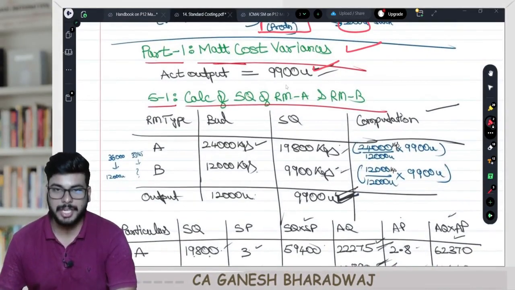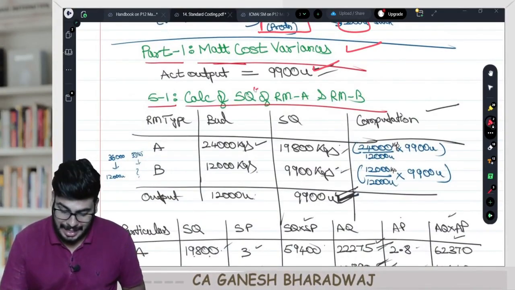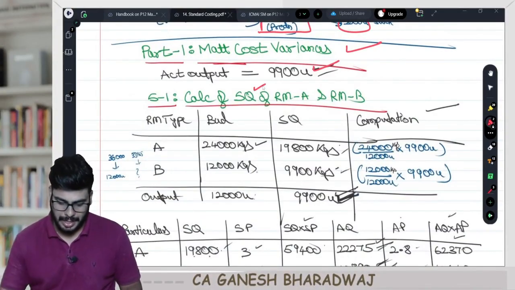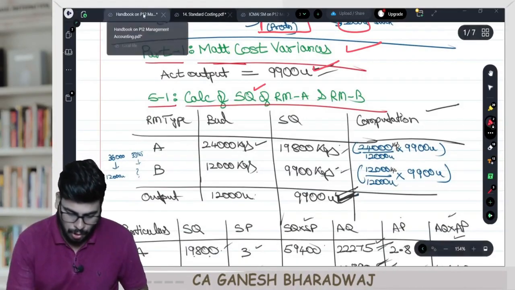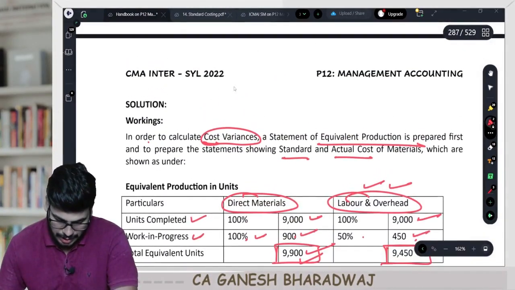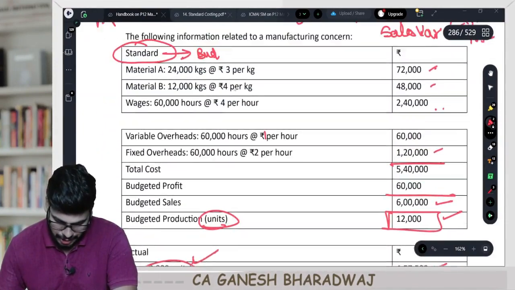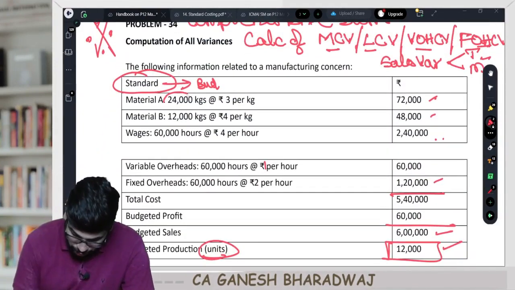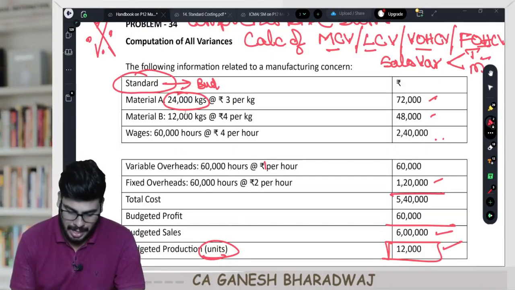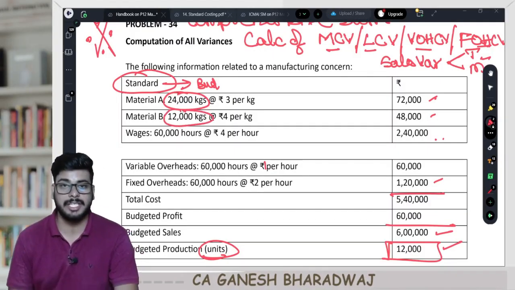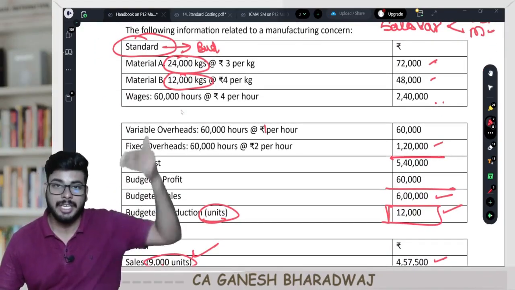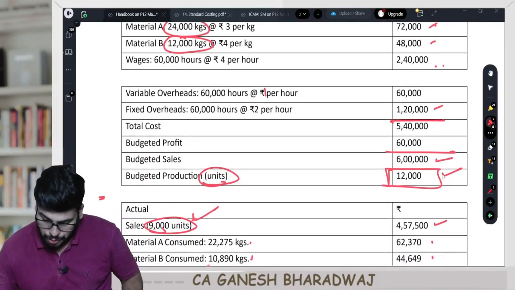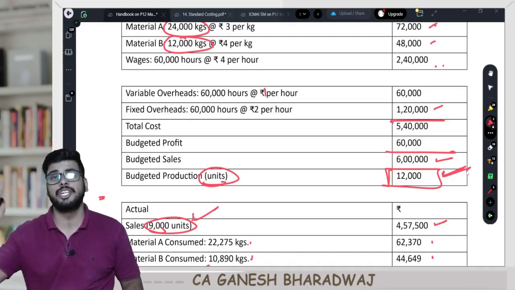So now we need to calculate the standard quantity of raw material A and B. If you look at the question, what have they given? They have mentioned 24,000 kgs of material A and 12,000 kgs of material B, right? This is there in the budgeted data. It should have been consumed to get an effective output of how much? 12,000 units.